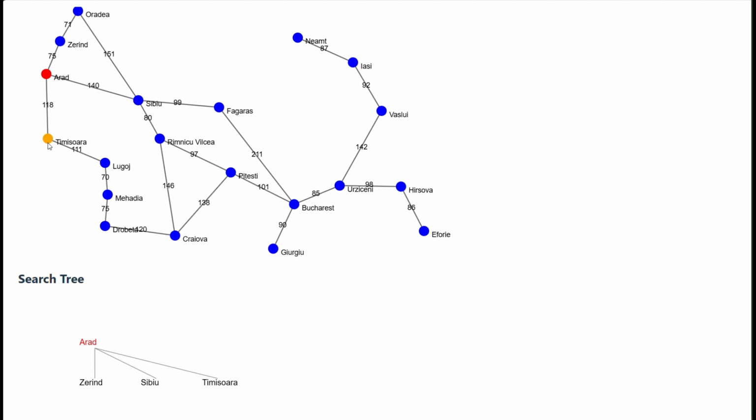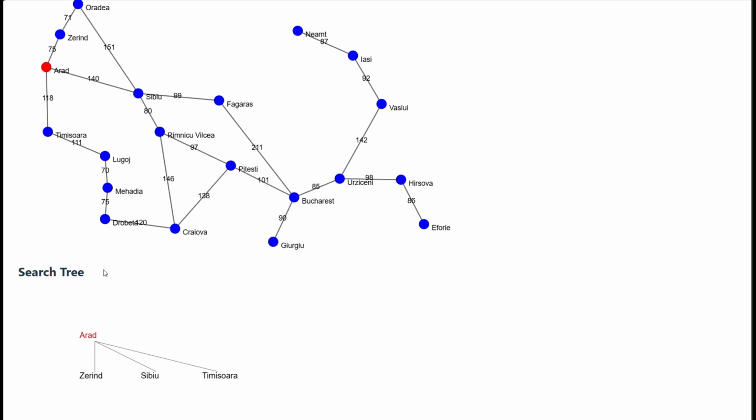The next thing the algorithm is going to do is expand the next node. Some algorithms expand nodes in a certain order, and some algorithms make informed decisions in order to decide which node to expand next. So let's say I want to go from Arad to Bucharest.